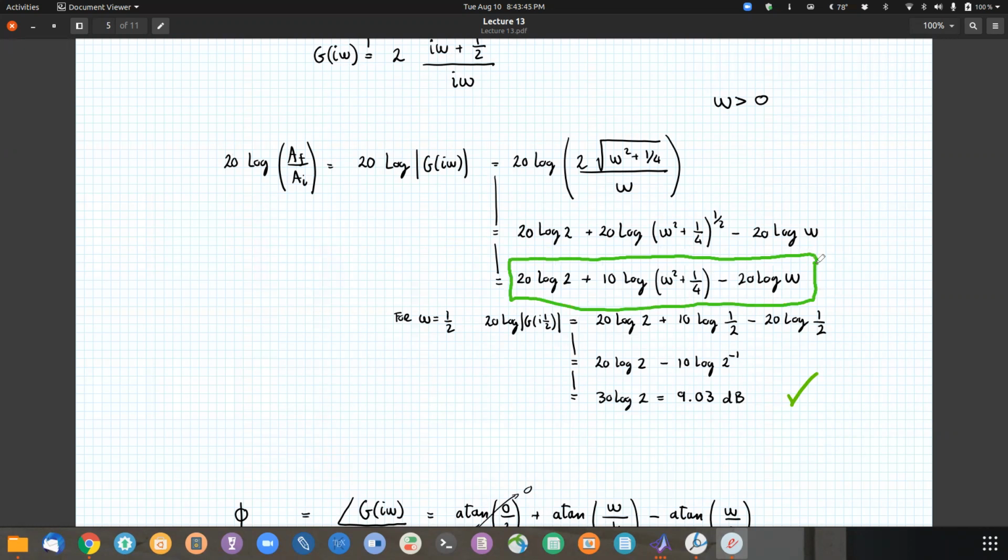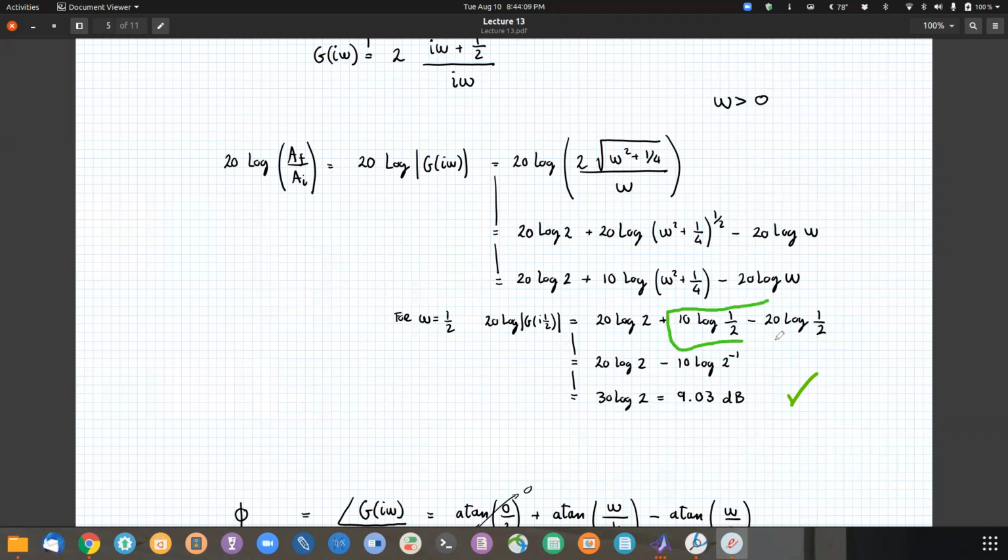Now let's check that for omega equals 1/2, we indeed get the 9.03 decibels that we found earlier. If you substitute omega equals 1/2, well, that's exactly what you get. You have 20 logarithm of 2 plus 20 logarithm of 1/2 minus 20 logarithm of 1/2.